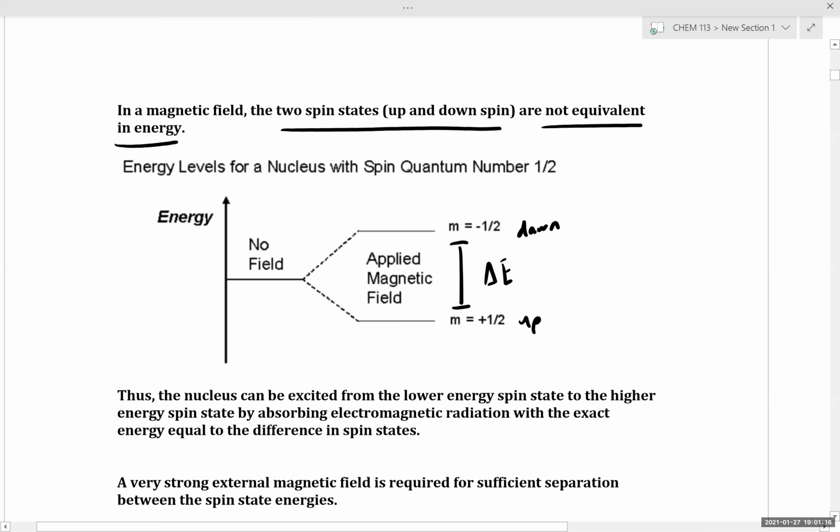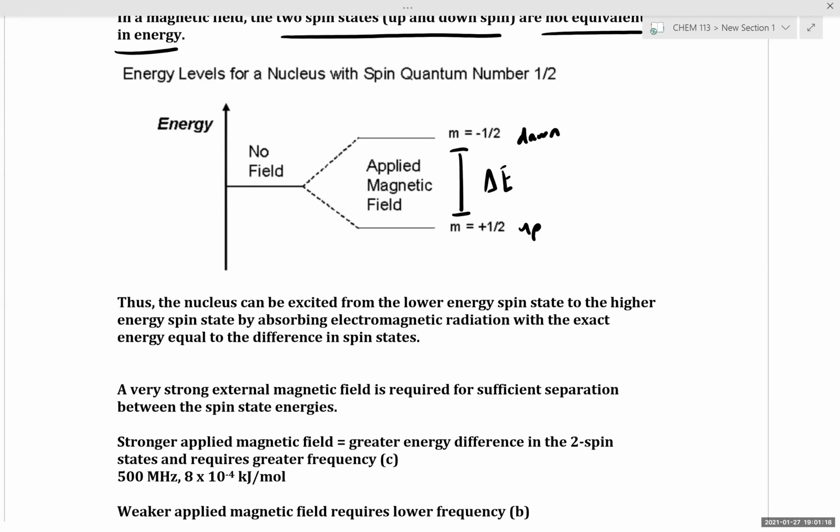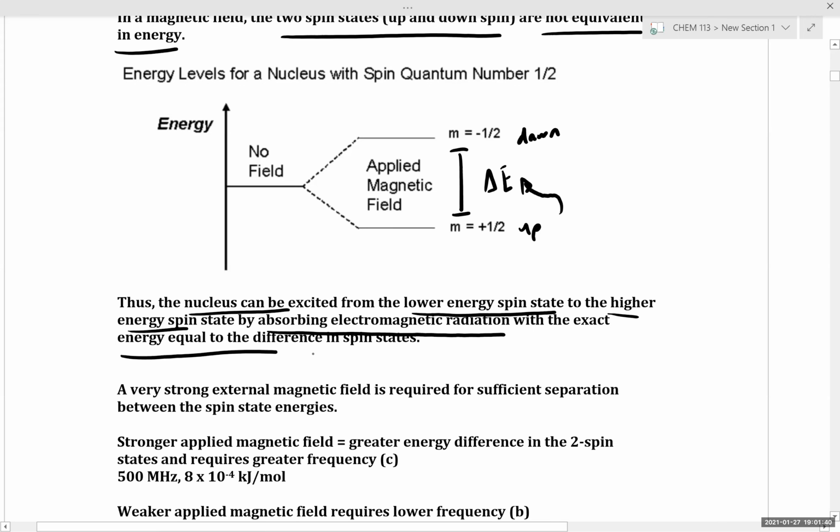Okay, now, just like in any spectroscopic technique where we're measuring the absorption of light, because there's a difference in energy between our two spin states, a nucleus can be excited from the lower energy spin state to the higher energy spin state by absorbing electromagnetic radiation with the exact energy equal to the difference in spin state energy.